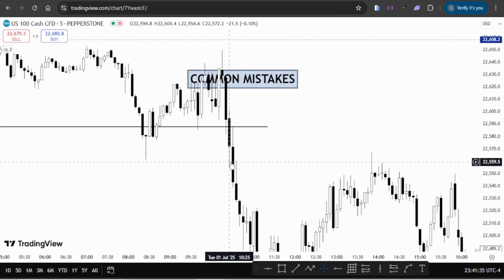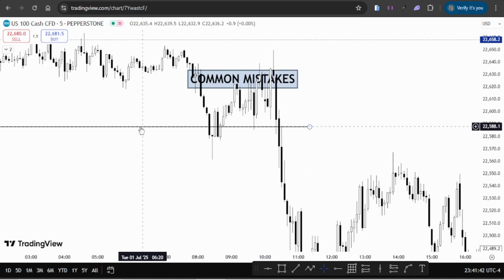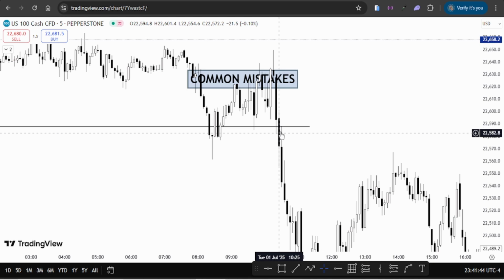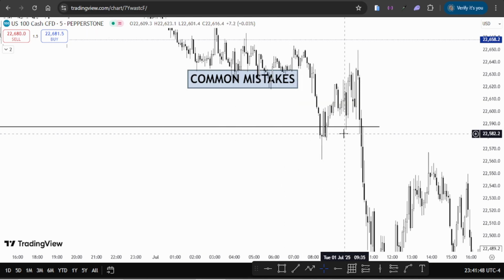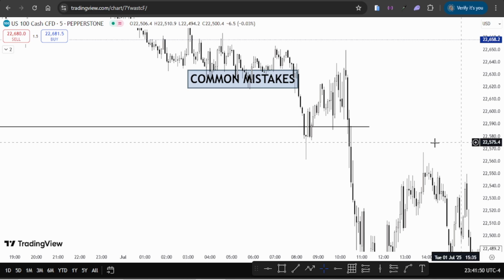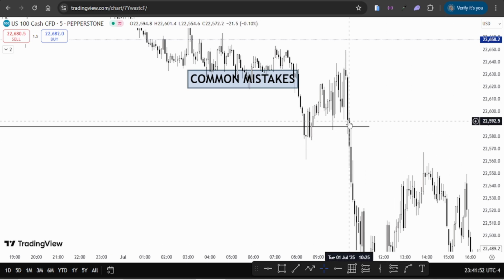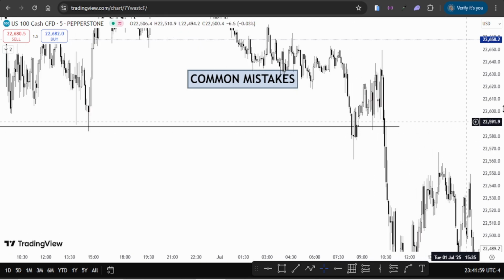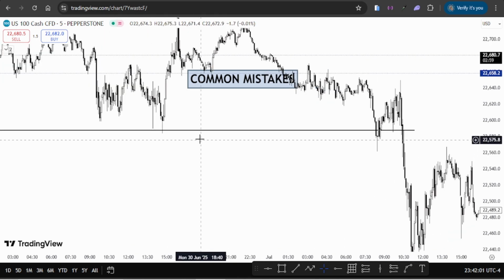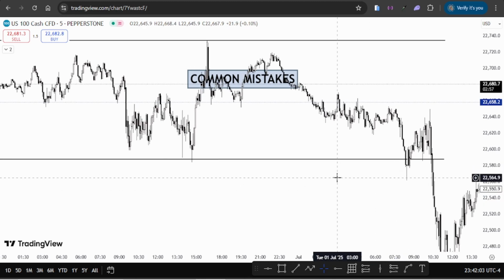Some people would have started filling in their short positions from here, but if you actually wait for price to pull back to your trend line and make an entry, you will actually be in a safer place and even make higher risk reward. So whenever price breaks down, avoid the common mistake of not waiting for a pullback. Always wait for a pullback before you enter your position.